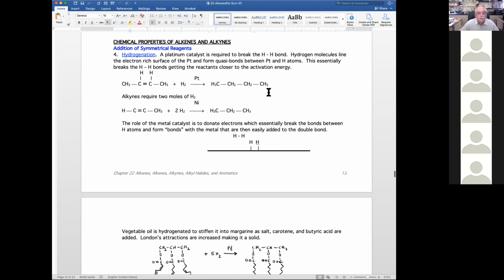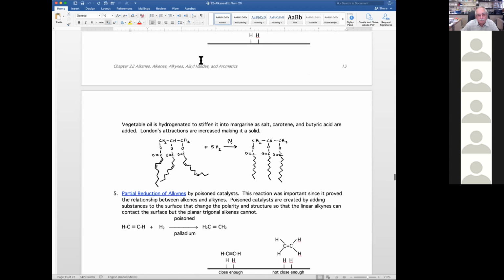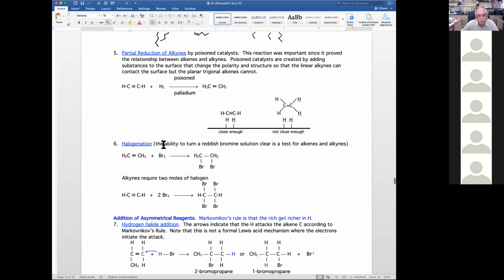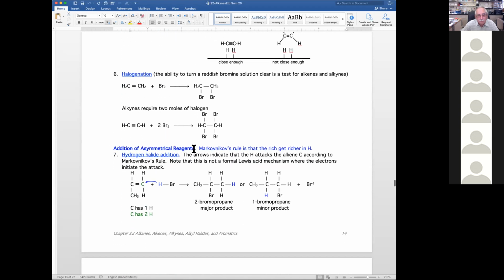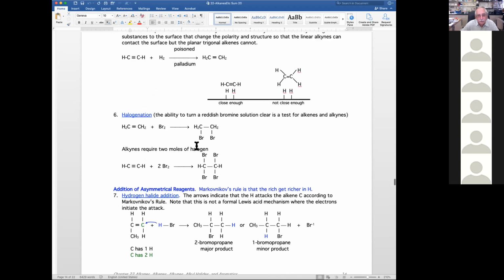So what about the chemical properties of alkenes and alkynes? Well, I split this up into two categories: addition of symmetrical reagents, and then addition of unsymmetrical or asymmetrical reagents.